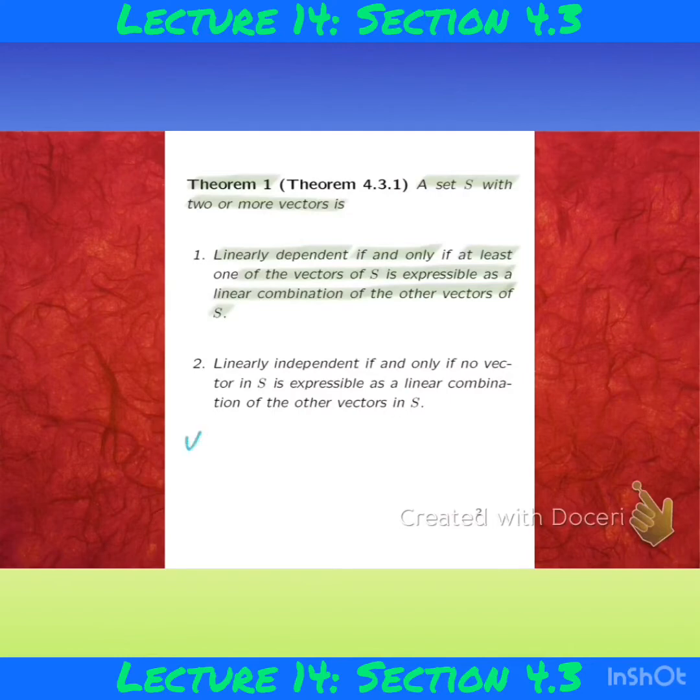Let's say you've got a set S of vectors, V1 up until VR, and let's say you can write V1 as a linear combination of the other vectors in the set.